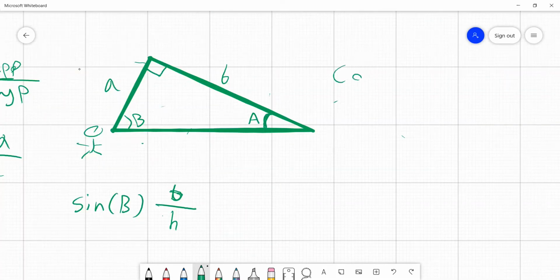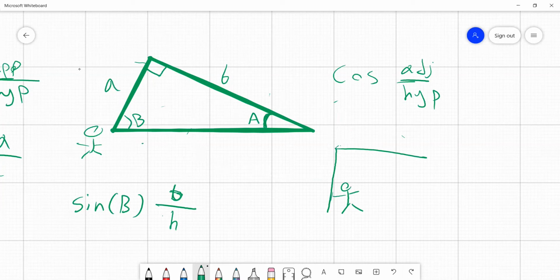Okay, so cosine was adjacent over the hypotenuse. Now, what is adjacent? If you are standing in a plane and there is one wall over here and one wall over here, the wall next to you is called the adjacent wall. The wall opposite to you is the opposite wall, intuitively.